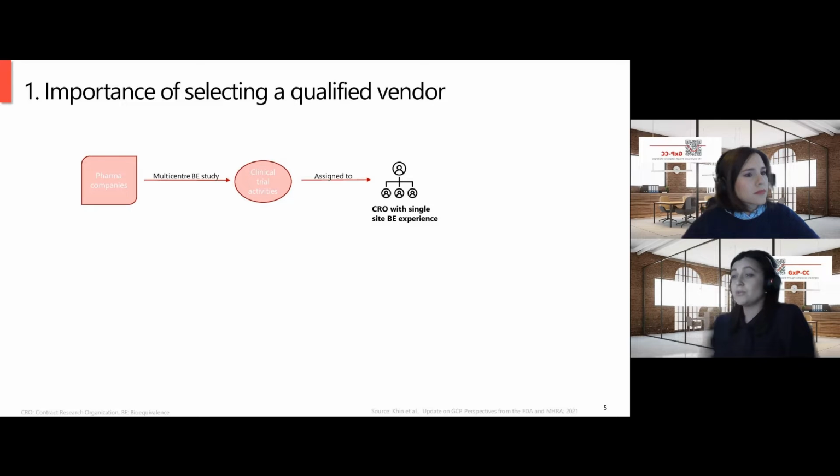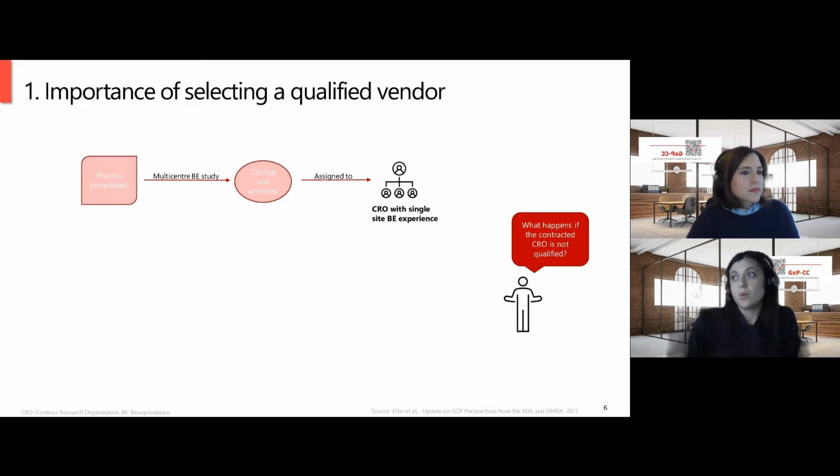However, the CRO that they assigned the activities to has experience, but has only single-site bioequivalence experience. So the question would be, what can happen if the contracted CRO is not qualified? In this case, it's not that it's completely not qualified, but let's say that it does not have the expertise that the pharma company would want and would expect.